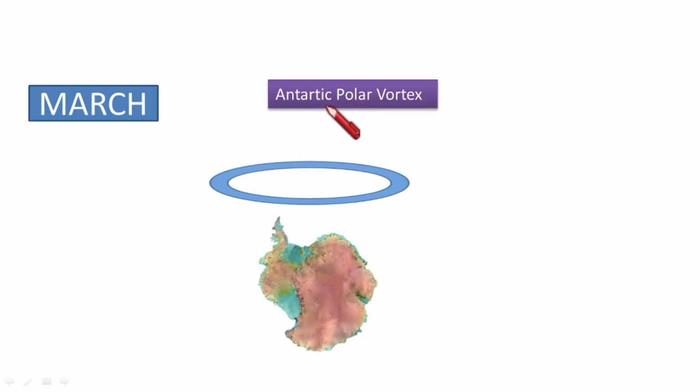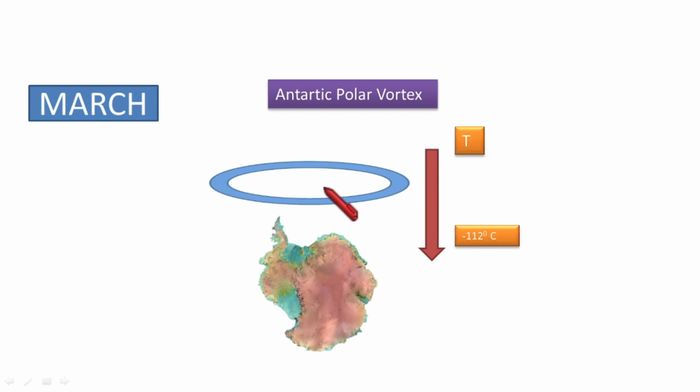That strong wind just above Antarctica in the stratosphere creates a ring, and its name is the Antarctic Polar Vortex. Inside that ring, the temperature is very low, reaching almost minus 12 degrees Celsius, and because of the low temperature, the particles present inside the ring condense and form icy particles.